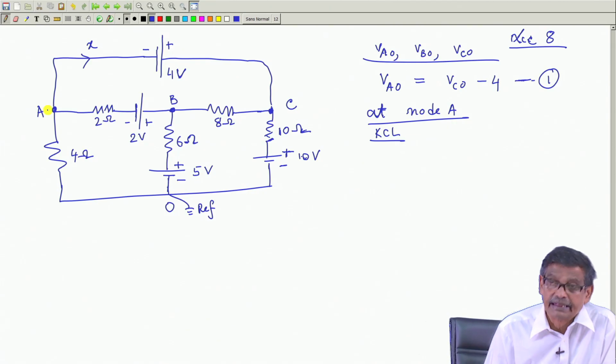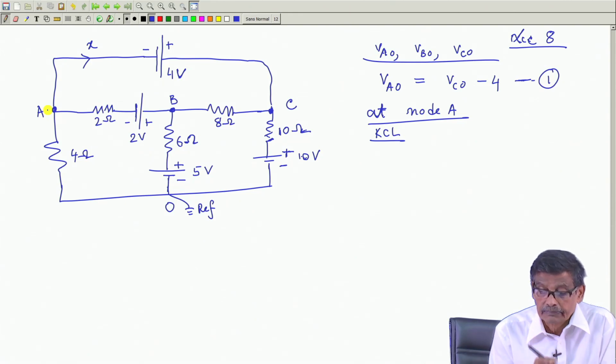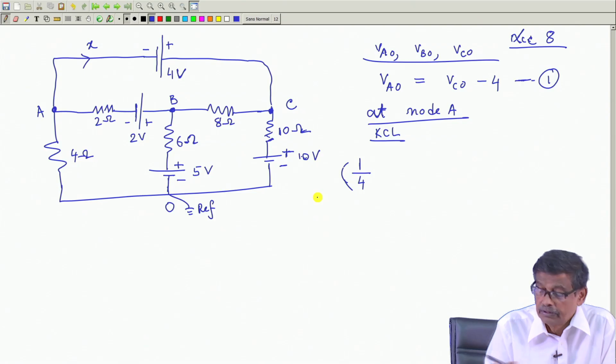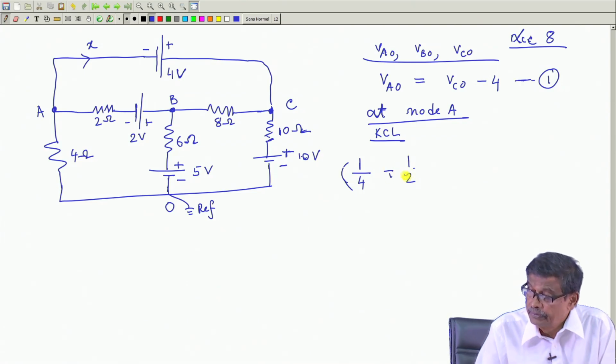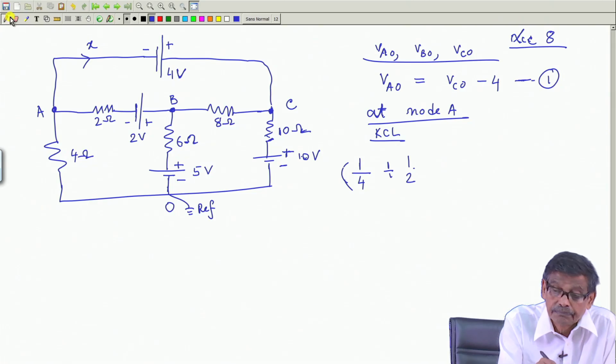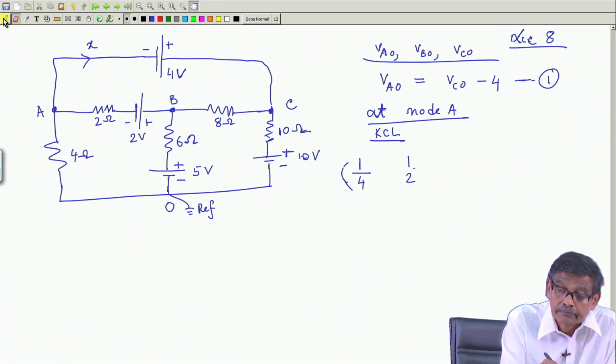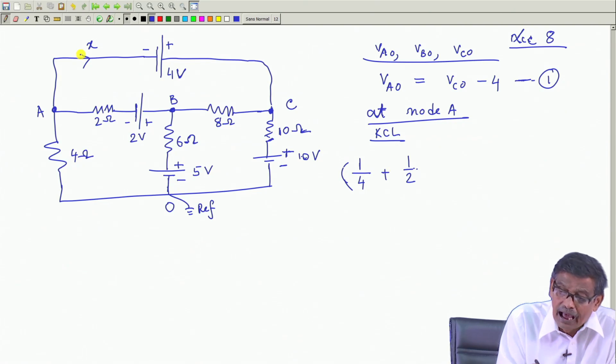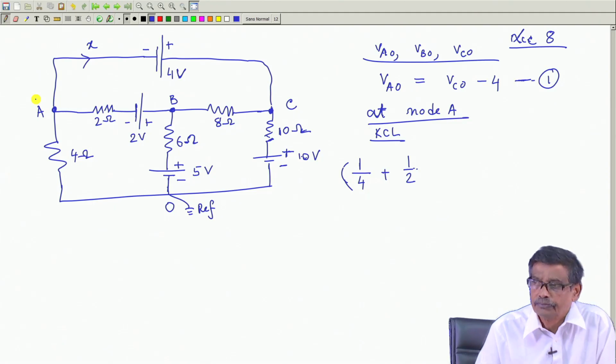Now, let us see KCL at A, what it will be. It will be the sum of all the resistances, 1 by 4 plus 1 by 2, no doubt, 1 by 4 plus 1 by 2 will be this one, and this one I will treat it as some current x is flowing out of it and that value is known.